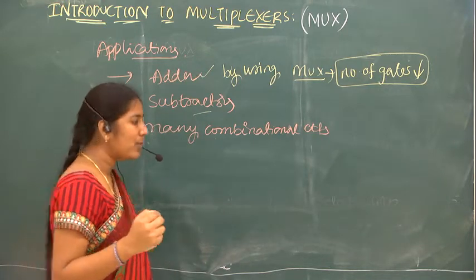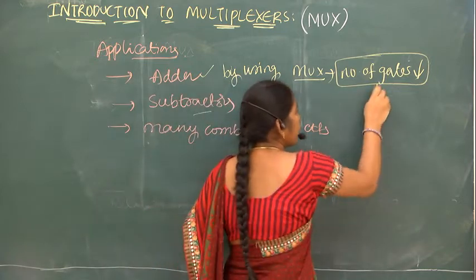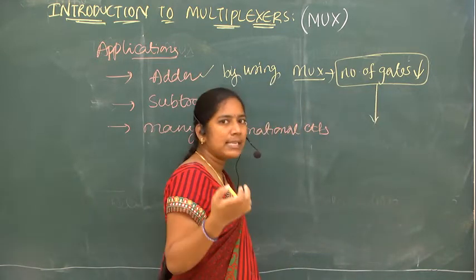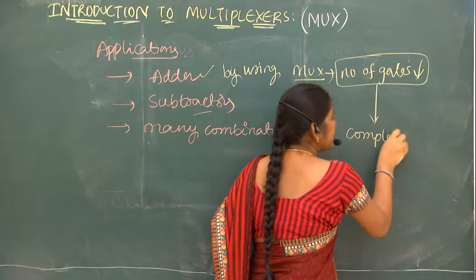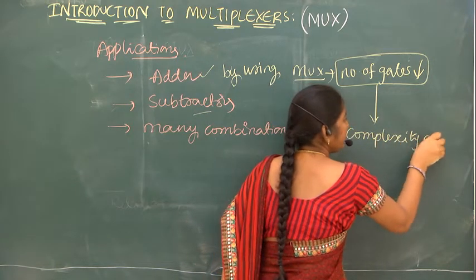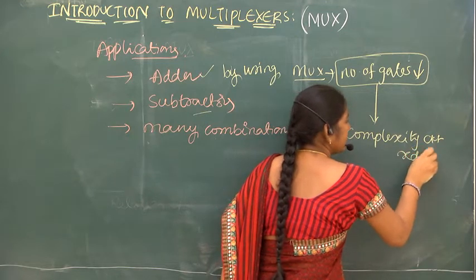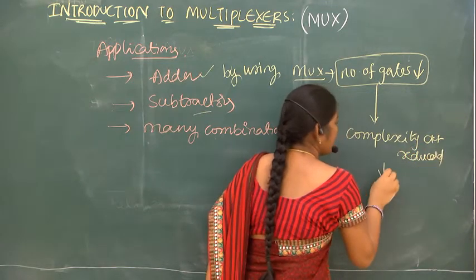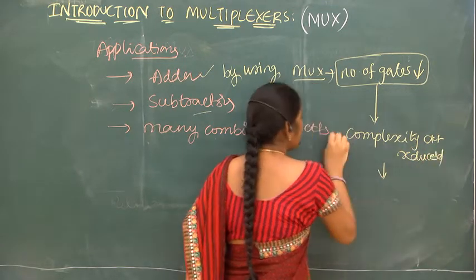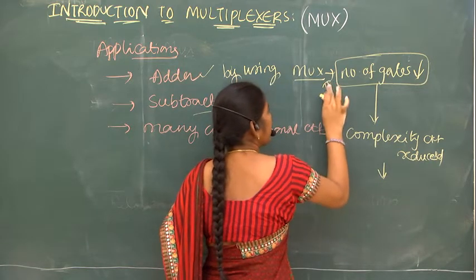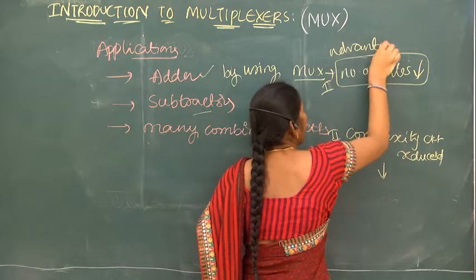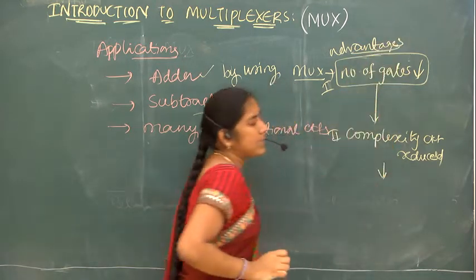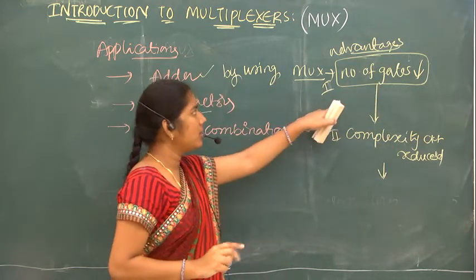So as we know, what will happen when gates are reduced? When the gates are reduced, obviously the complexity of the circuit is reduced. So this is the second advantage. These are the advantages of mux, right? First thing is what?